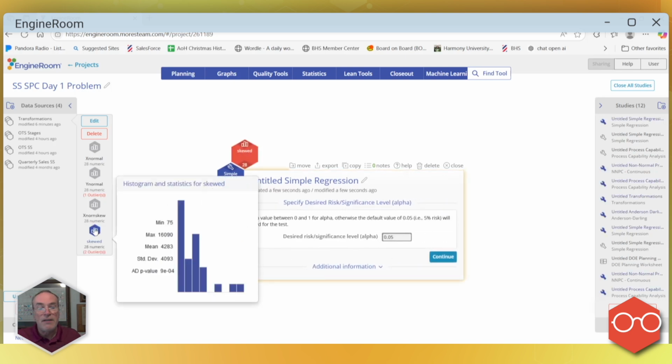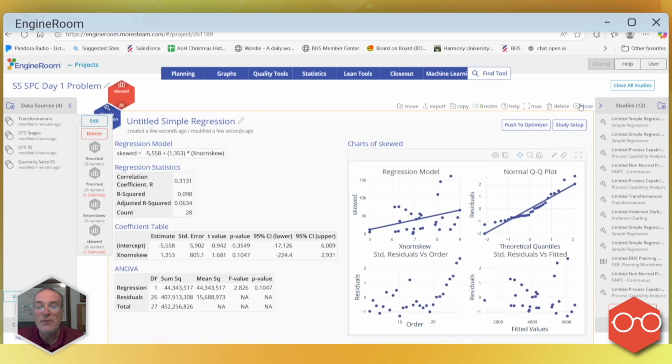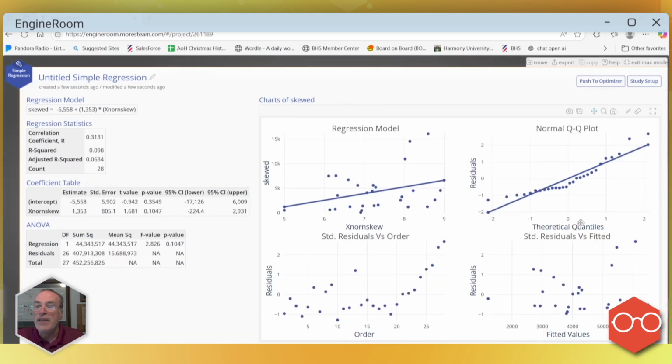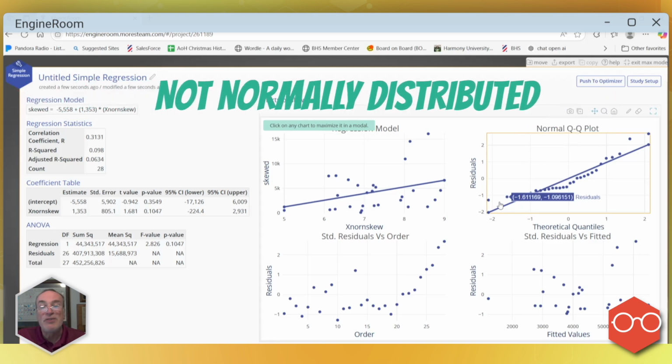And you'll see if I hover over that, you can see it's skewed. And I had pre-sorted this data, so some of the residuals look a little wonky, and that's okay. All right, here we go. So now you can see on this graph that the residuals are not normally distributed.